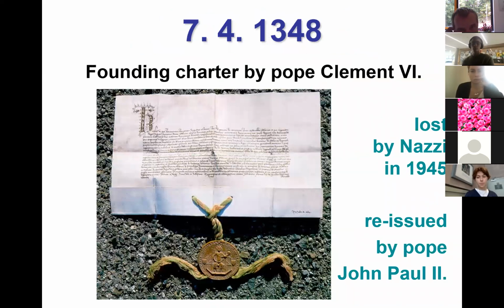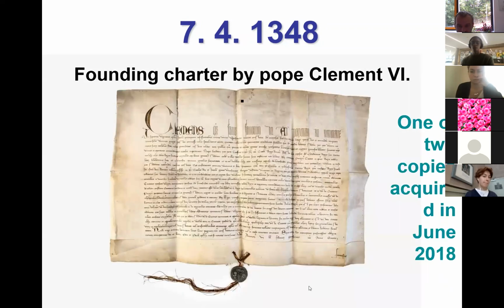And this is the founding charter issued by the Pope, but unfortunately lost by the Nazis at the end of the Second World War. But we have received one of the copies just 3 years ago, so we are very happy, and you can see it in the Carolinum, where the immatriculation ceremony will happen, I think, next week.